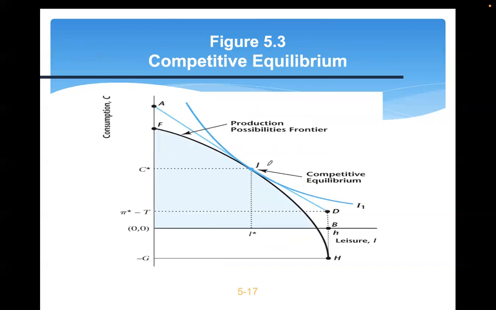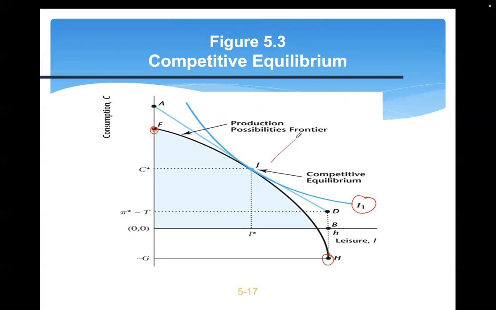Then we can look at the graph of what the competitive equilibrium looks like. First, this curve F, H, this curve, is your PPF, what is feasible. The households are going to choose a certain amount, and they are trying to maximize their utility.